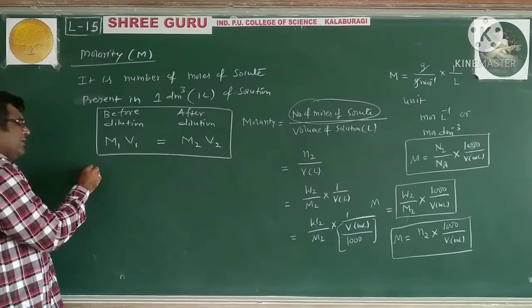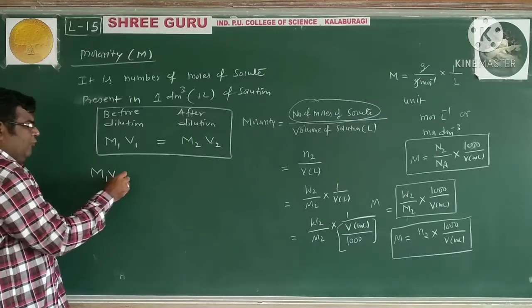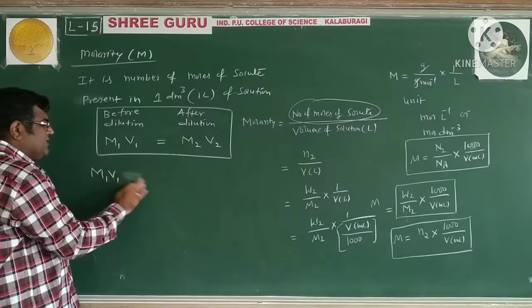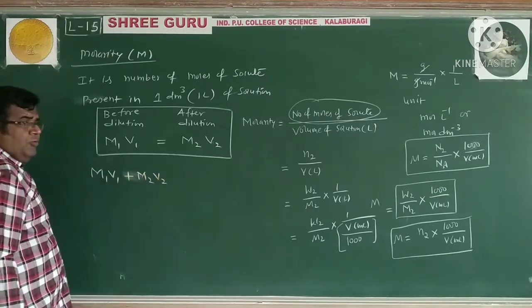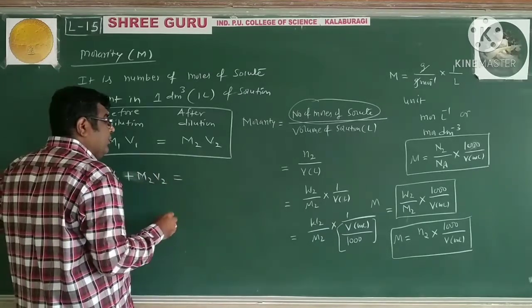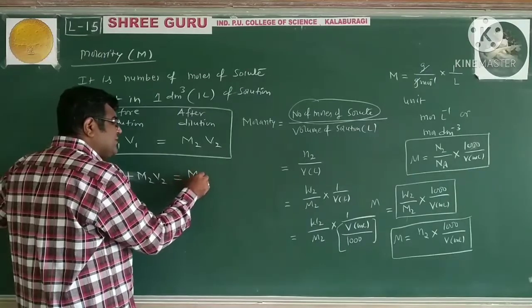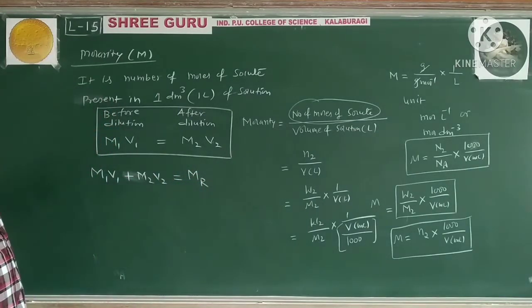Another one, we have one solution of M1 V1, molarity 1, volume 1, and we mix that solution into M2 V2, another solution. Its molarity becomes MR, which is nothing but the resultant molarity.